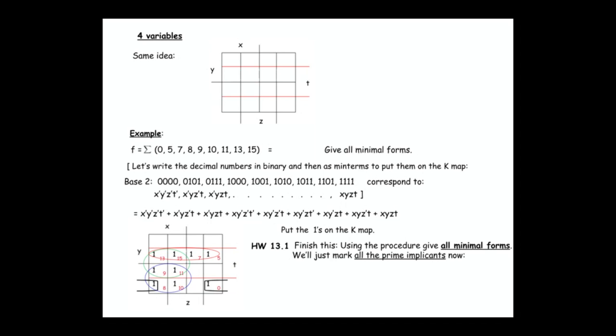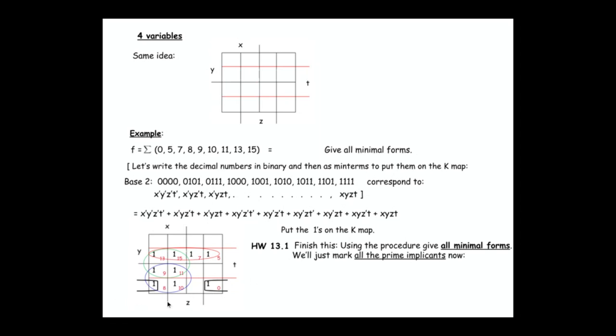As I think Patrick said, the remaining one, we need to cover that remaining one. That is going to be the last prime implicant that you need, because the largest ones cover everything but that one. So we're going to use this little black one to cover it, 0 and 8.